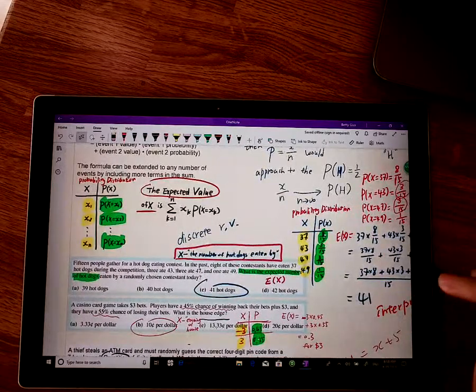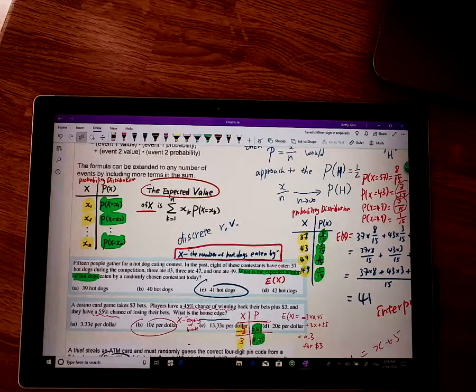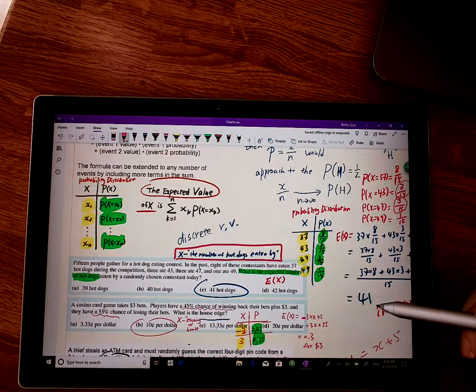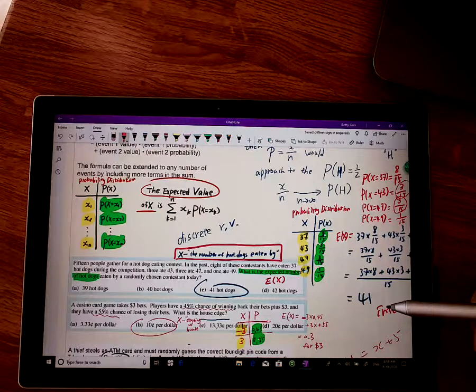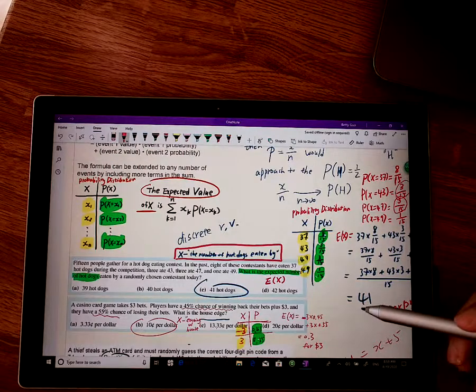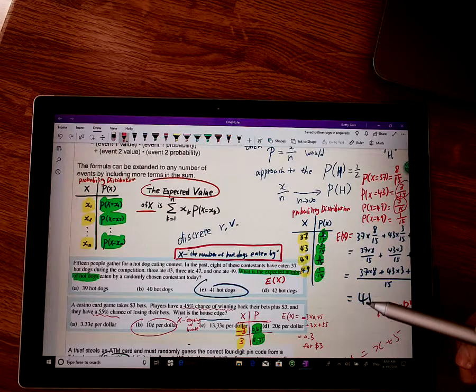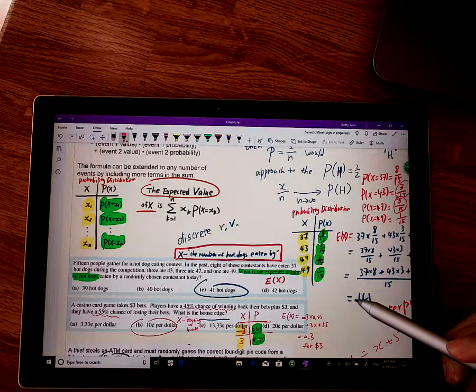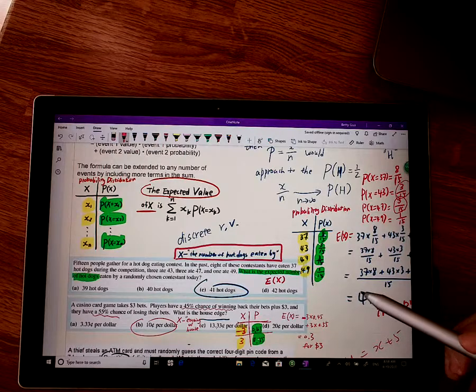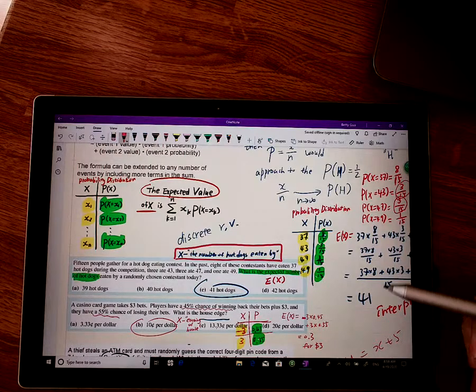That means, based on the historical data, in a contest, if you randomly select a player, you expect him to eat 41 hot dogs. Okay, 41 actually is the center of the values of the numbers of hot dogs eaten by the contestants in the computation.